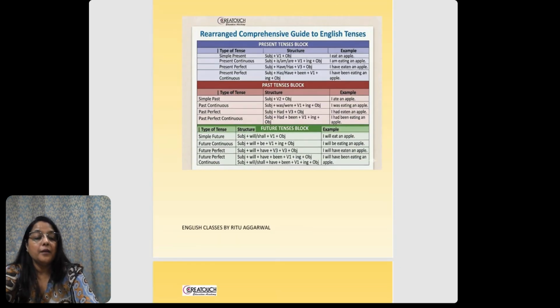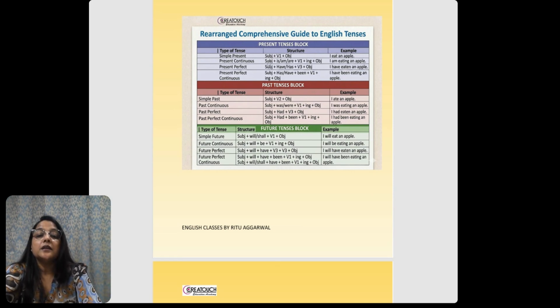See, I've made a very beautiful chart for you. All the tenses are assembled here with their examples. See the structure of the sentences. These are the four tenses for present tense, past tense, and future tense.